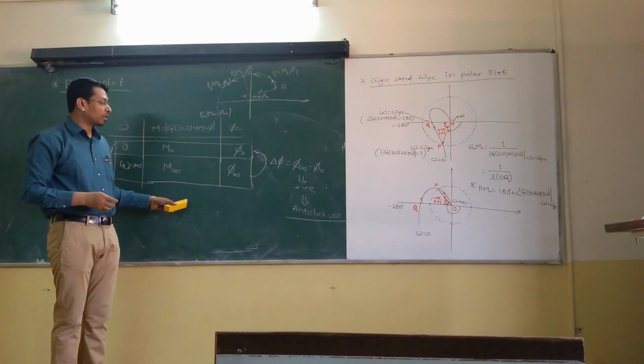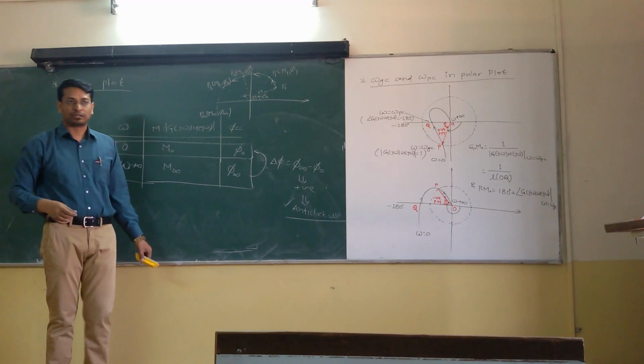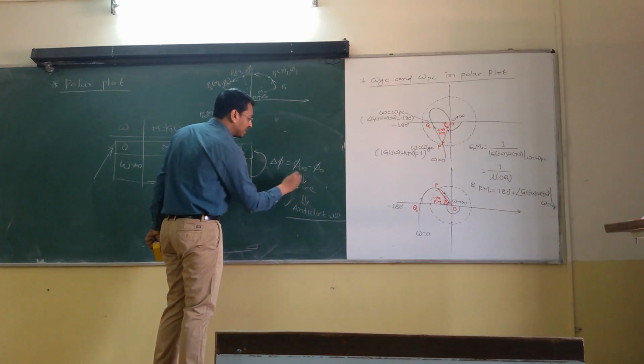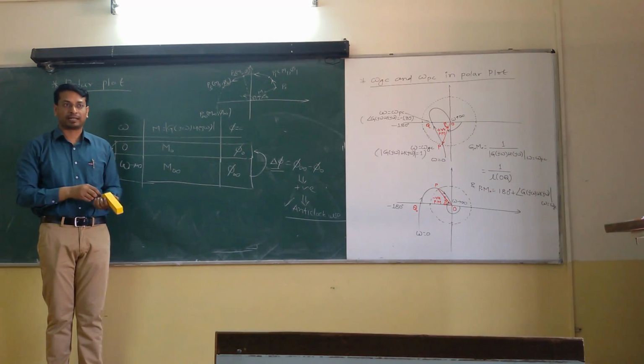This is for direction, and just use rough estimation and move in the anti-clockwise direction with delta phi. This thing will be clear when I take one example.